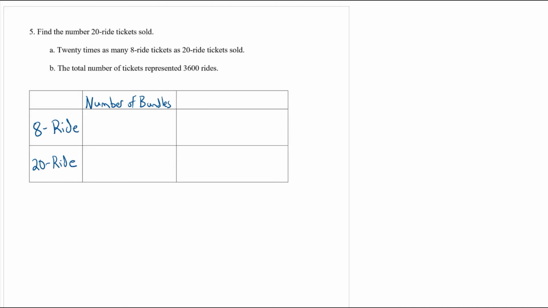So now I can do the comparison. Here it says 20 times as many 8 ride tickets as 20 ride tickets were sold. So the lesser amount is the 20 ride tickets, and that's what I'm going to make my X. So bundles of 20 ride tickets.